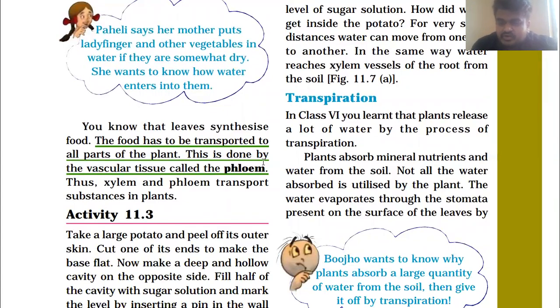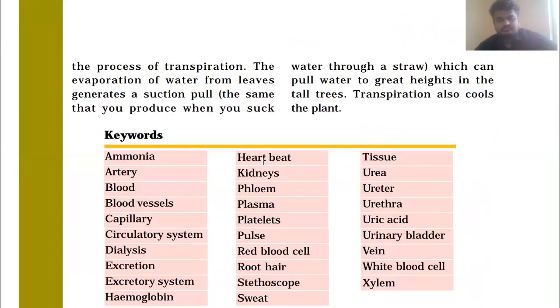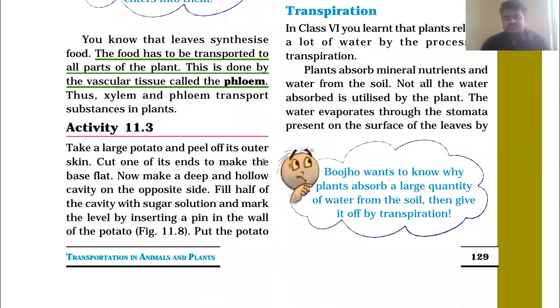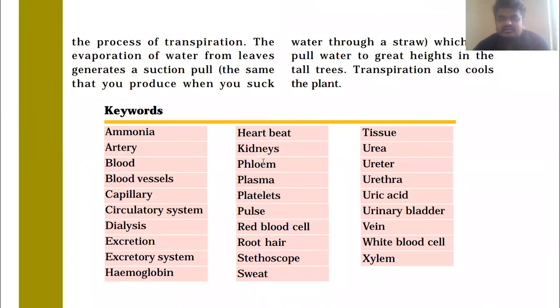The water evaporates through the stomata present on the surface of the leaves by the process of transpiration. This extra water, the rest of the water, evaporates through the stomata present on the surface of the leaves by the process of transpiration.